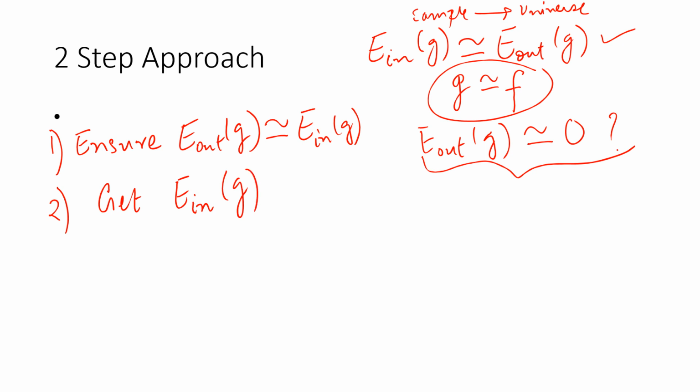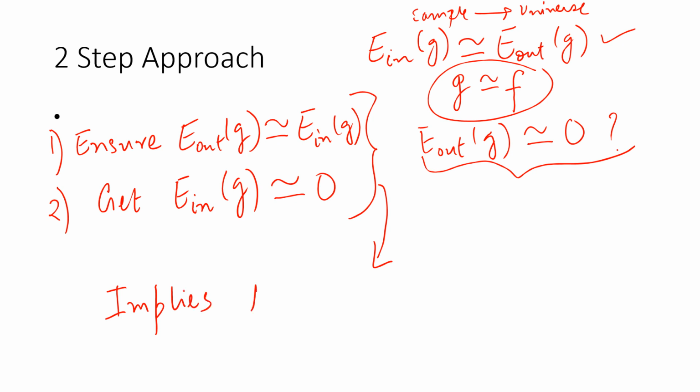And of course, keeping into account the trade-off and everything, but get E in as close to 0 as possible. So now if we put together these 2 steps, this in turn implies, and let me write it, that E out of g is going to be indeed equal to 0 if we have ensured these 2 things.